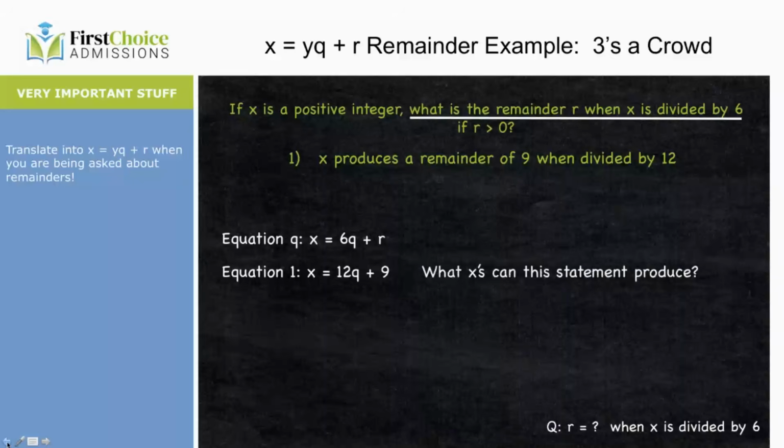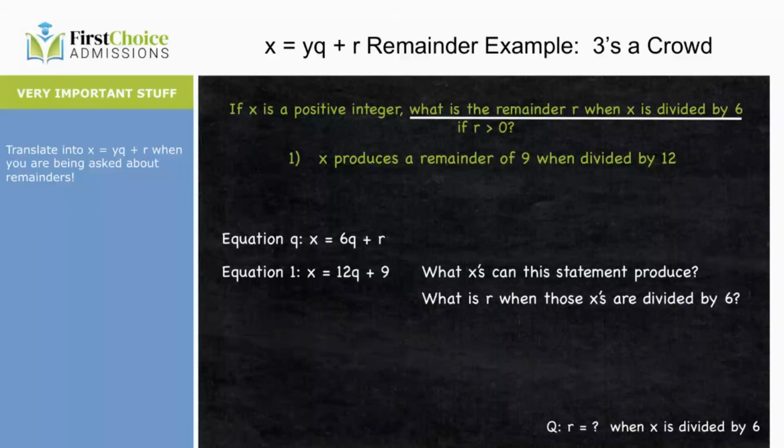Let's see. This x equals 12q plus 9, that statement can only produce a certain amount of x's. And when that statement produces x's, what is the remainder when those x's are divided by 6? In other words, we're going to see what x's we can create in equation 1, and then plug it into our original equation and see what our remainder is.